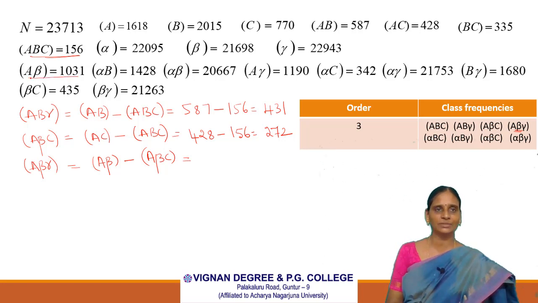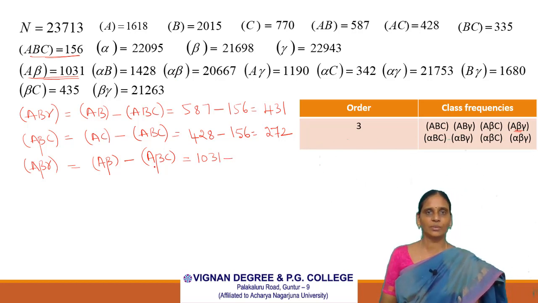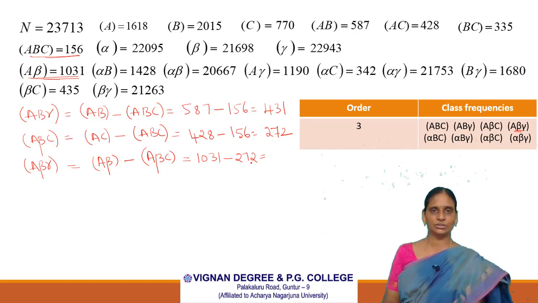So second order class frequencies we have calculated in the previous slide, so those values are pasted on this side also. That is frequency of Aβ value is 1031. Frequency of AβC value is 272. So subtraction of these two values, we get the value of frequency of Aβγ is 759.